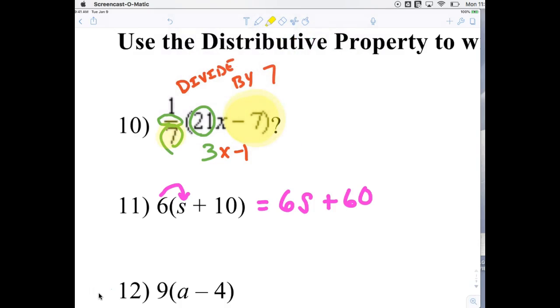Agreed? And negative 7 divided by 7 is how I got the negative 1. Well, you are actually going 1 times 21, and then divide by 7. But because it's a 1, it doesn't matter. Good questions, guys.